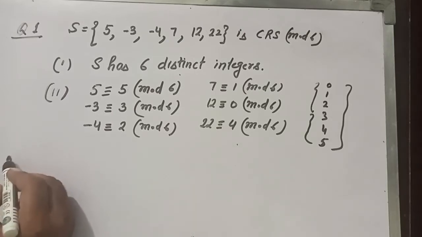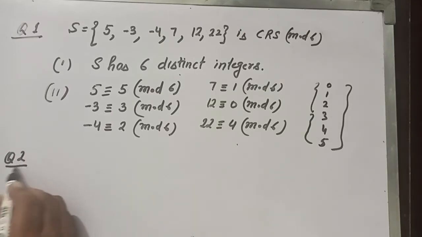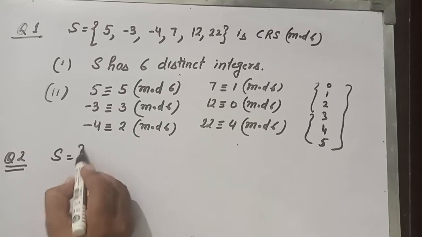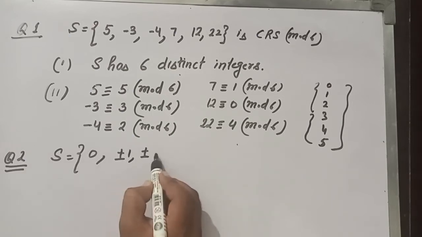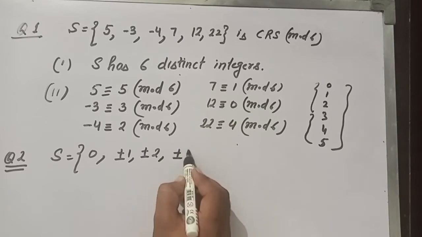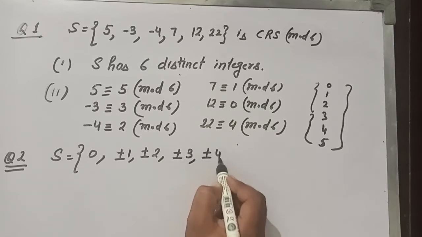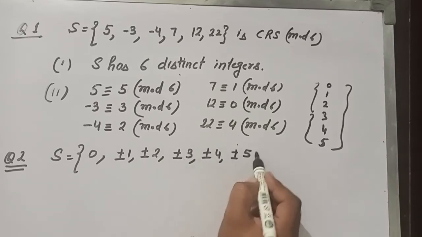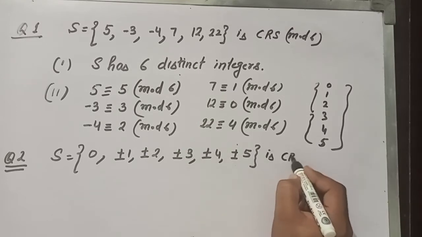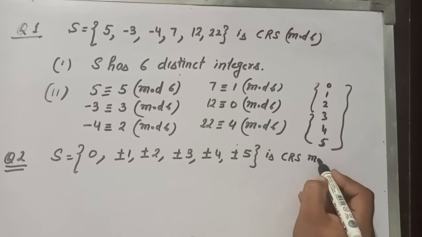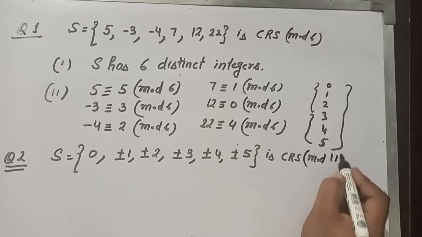Now see question number 2. Suppose S has the following elements: 0, plus or minus 1, plus or minus 2, plus or minus 3, plus or minus 4, plus or minus 5. We have to check whether it is a complete residue system modulo 11.